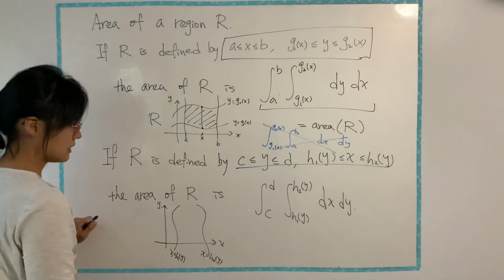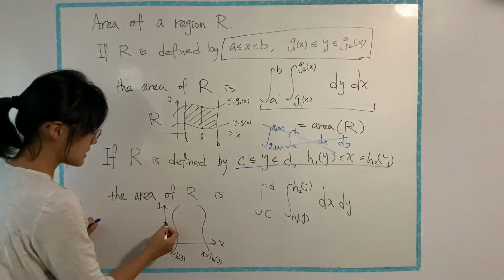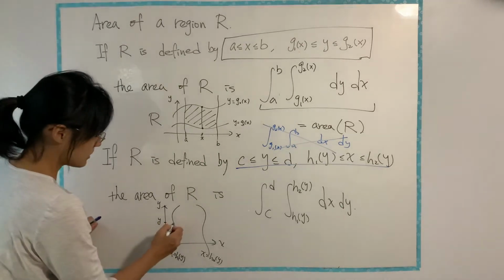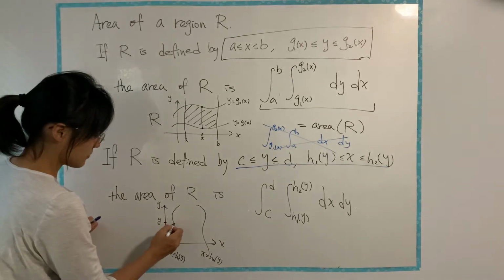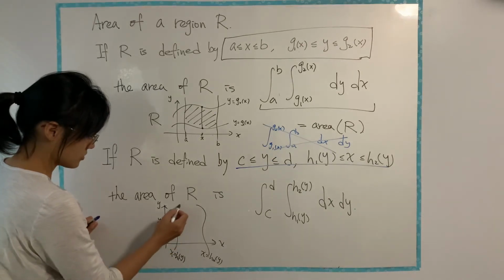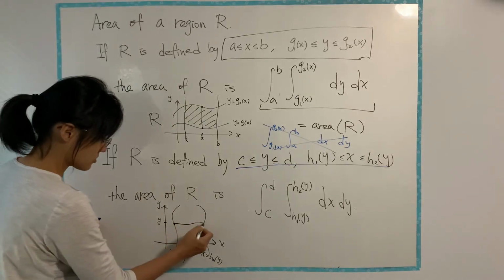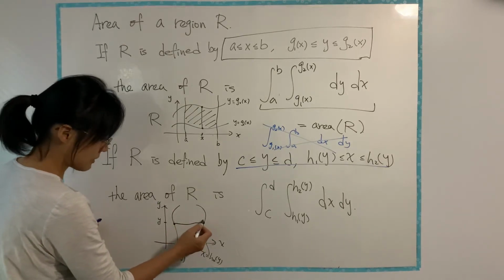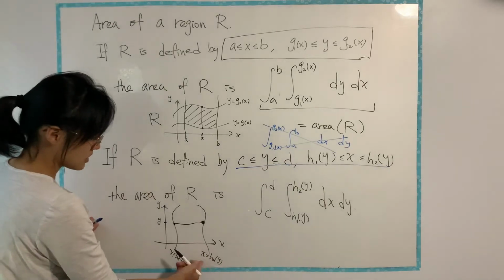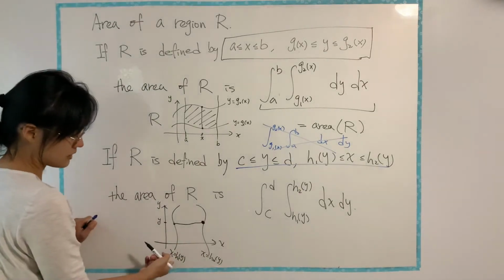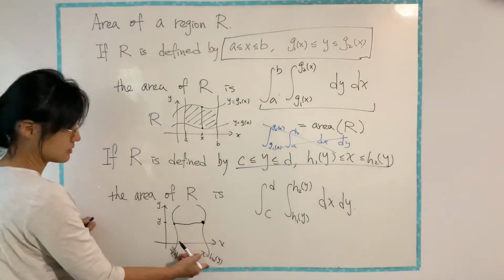For any given y value, I only want x from the lower bound, which is this curve, in the horizontal direction, to here, the upper bound of x. So for a different value of y, you would have a different lower bound and upper bound in general.